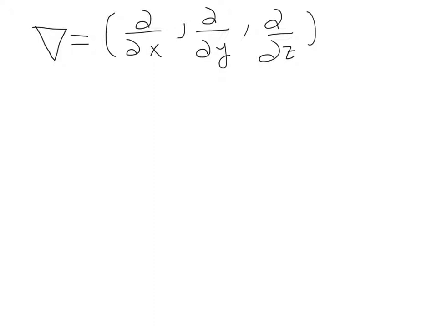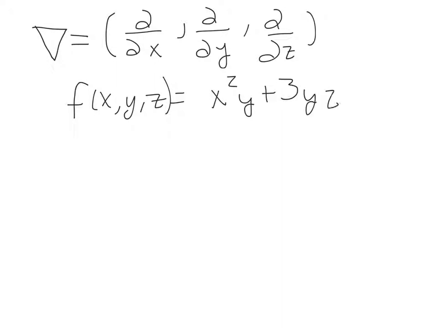If you have the function f of x, y, z equals x squared y plus 3yz plus z squared, then for the partial derivative with respect to x, you treat x as the only variable and you treat y and z as constants.